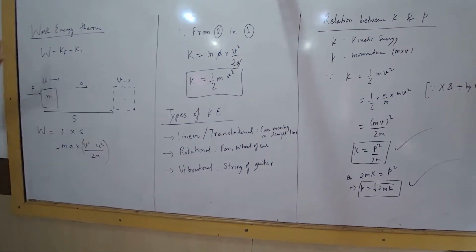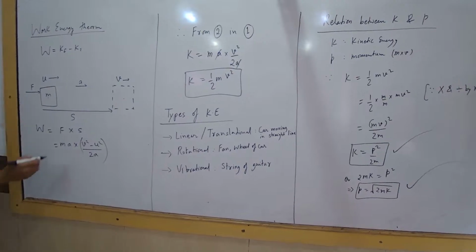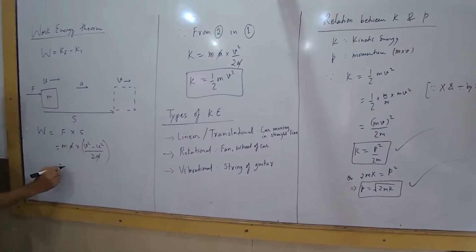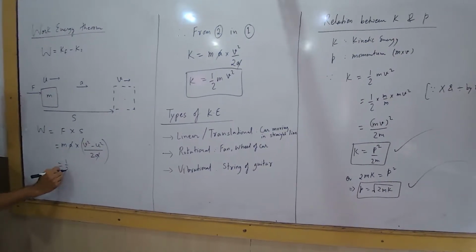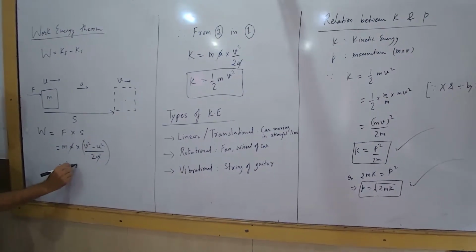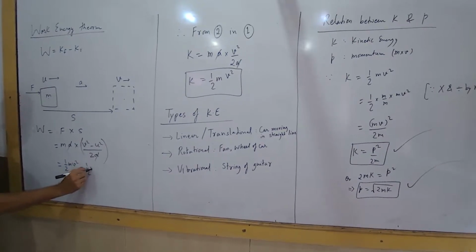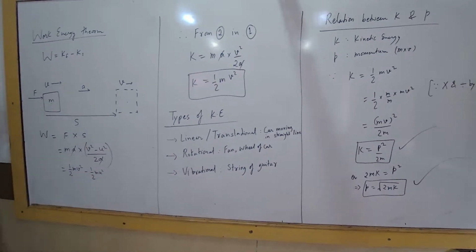The a gets cancelled. Then we get half mv square minus half mu square.